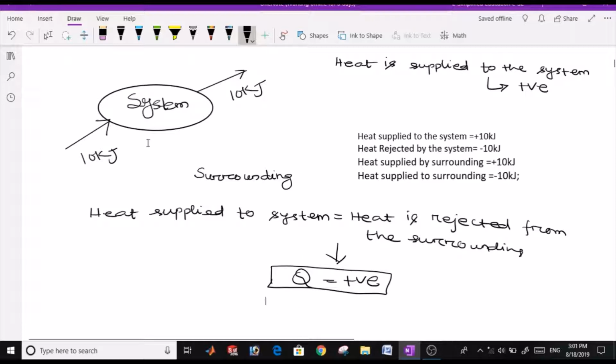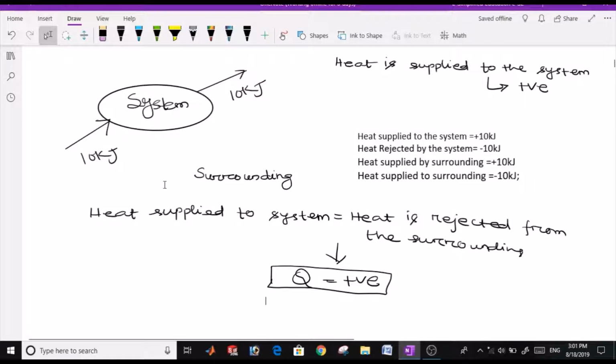Now I have taken one system where if 10 kilojoule of heat is added, that means heat supplied to the system will be plus 10 kilojoule. If 10 kilojoule of heat is rejected by the system, then we take it as minus 10 kilojoule. Likewise, heat supplied by the surroundings will be plus 10 kilojoule. Why? Because heat rejected by the system is equivalent to heat supplied to the surroundings.